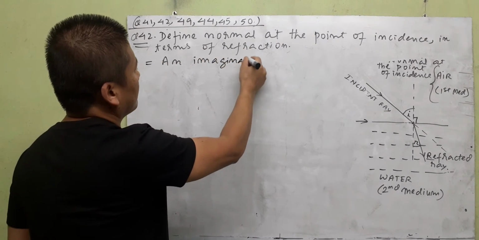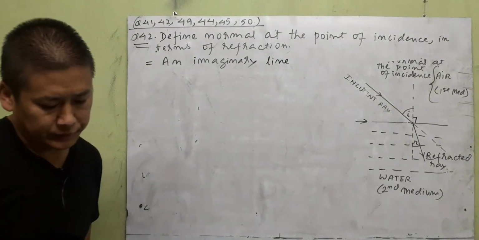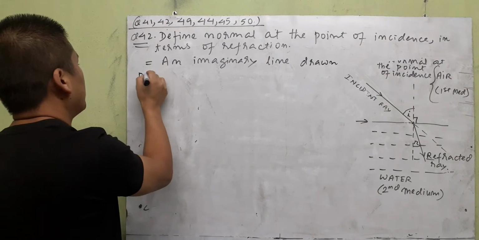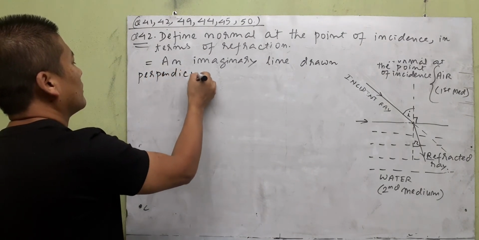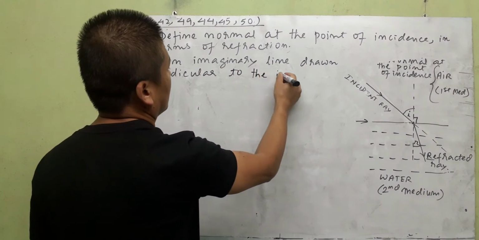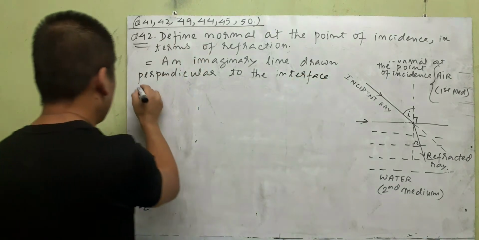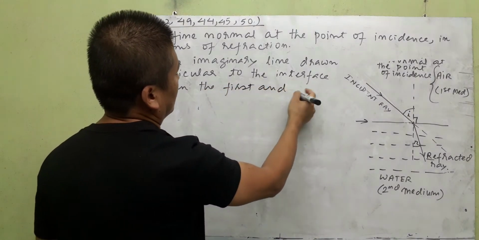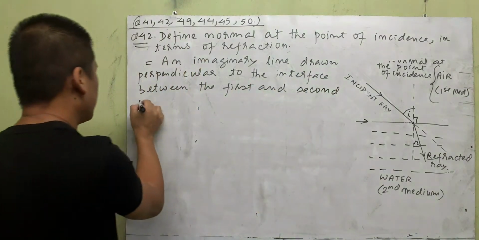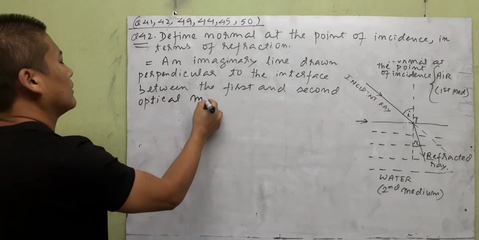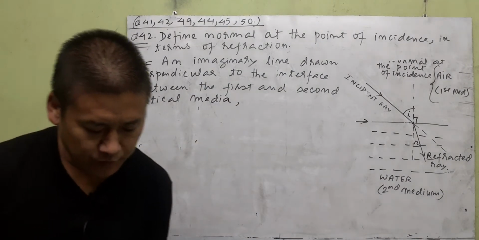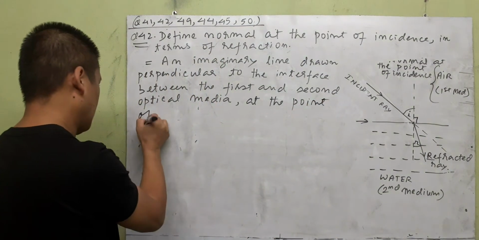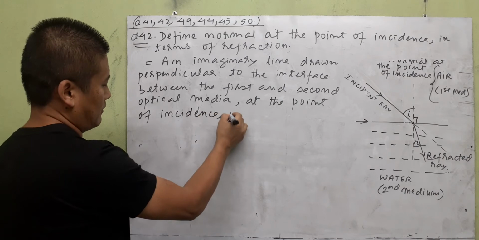An imaginary line drawn perpendicular to the interface, perpendicular means 90 degrees, to the interface between the first and second optical media at the point of incidence is called the normal at the point of incidence.